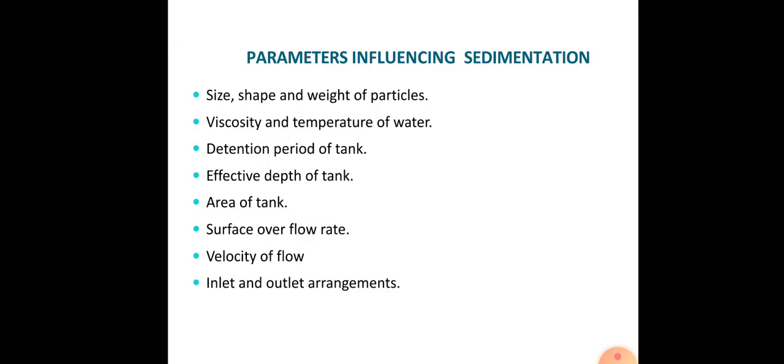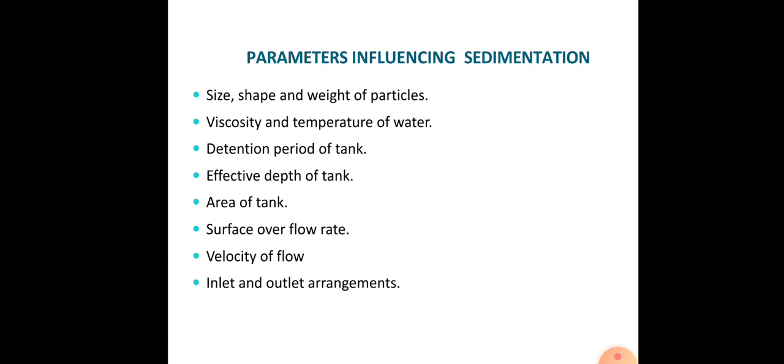Now coming to the various factors or parameters that influence the sedimentation process. Of course, the size, shape and weight of the particles are one of the most important factors which affect the sedimentation process. Based on the size, shape and weight, we can decide whether the particle will be able to settle down under the force of gravity.